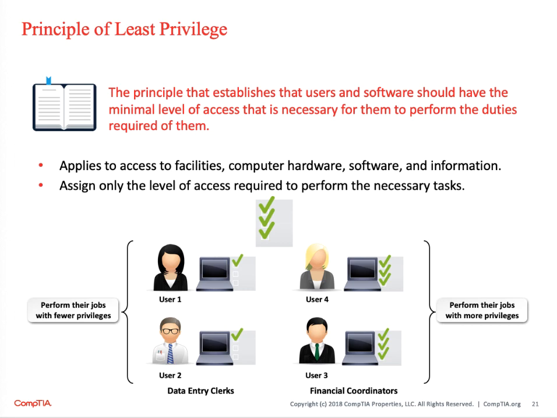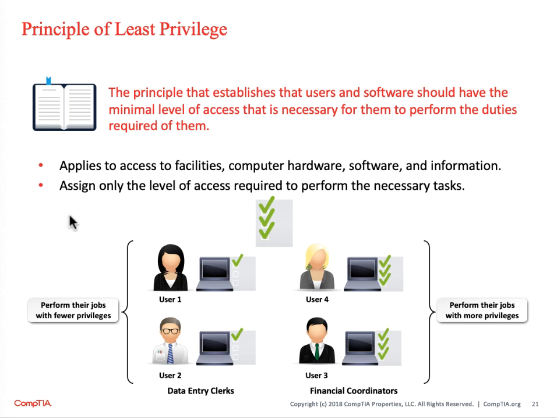So the principle of least privilege would be, let's say the janitor, right? The janitor just needs to have access to the cleaning supplies, and they need access to rooms in a building. So maybe they have access to the cleaning supply closet.